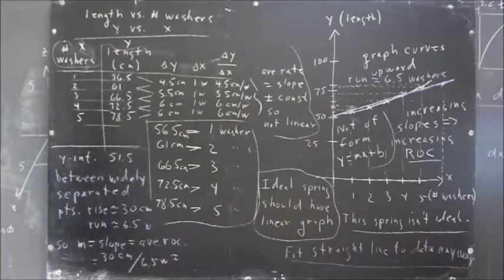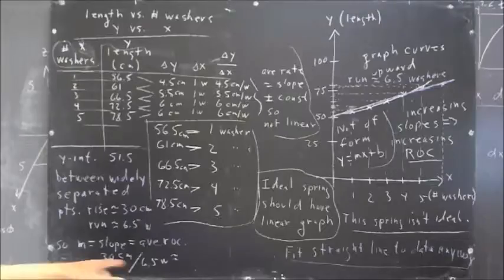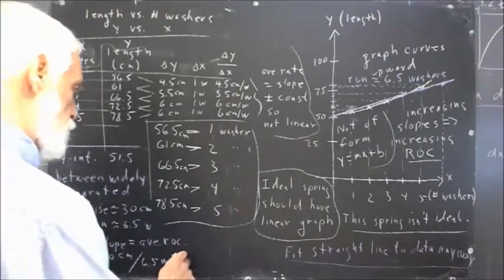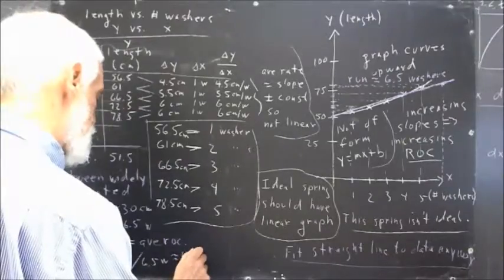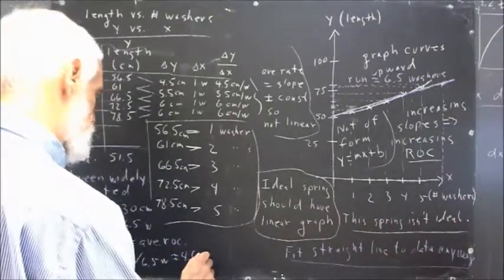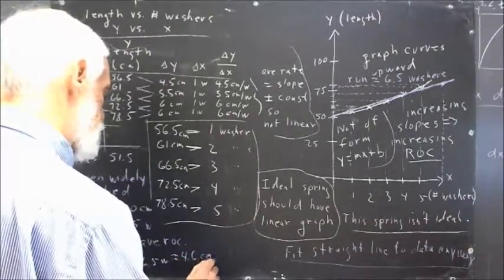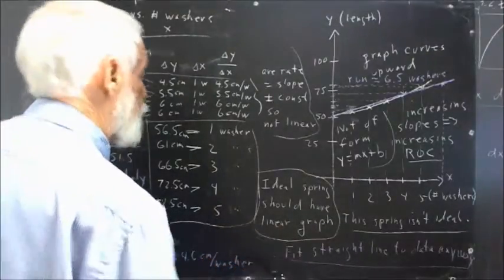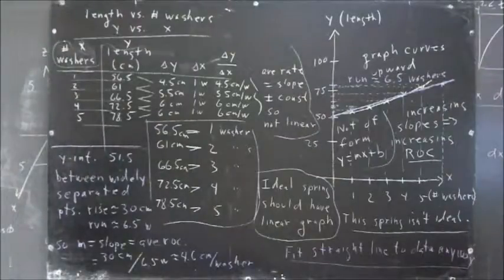And what's that equal to? Well, 4 times 6.5 would be 26. That would leave us 4. It's at about 4.6 centimeters per washer. And so what's the equation of the line?